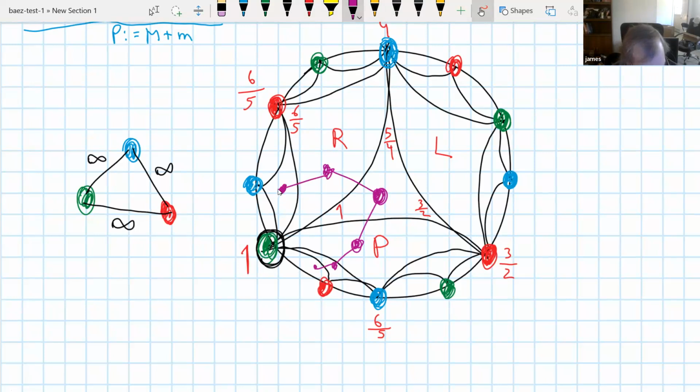So it's like this infinity-gon thing that I'm drawing here. But the point is that those are cycling. Those are period 6. So instead of being an infinity-gon, it's a 6-gon.